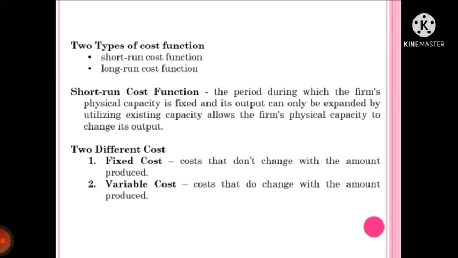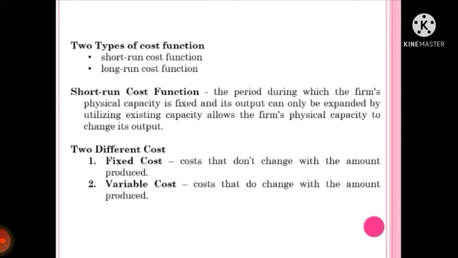Next cost is variable cost. These are costs that do change with the amount produced. An example is the cost of labor, then raw materials.